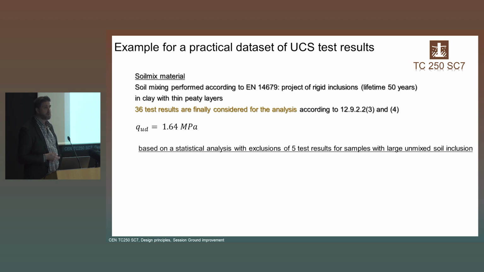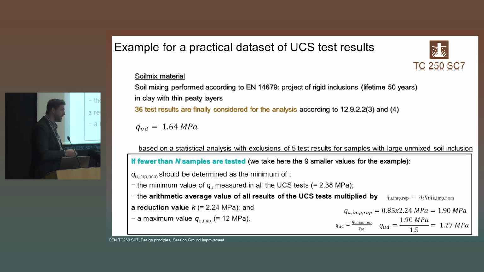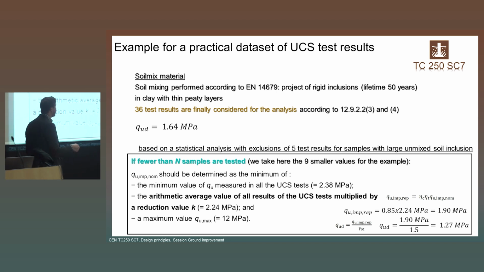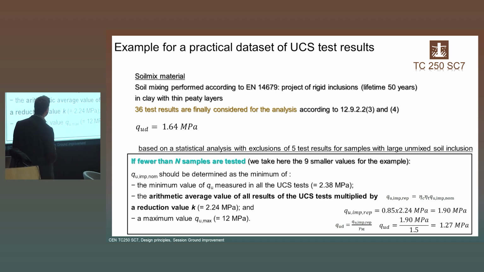But most of the time you are not lucky and you have less than 10 samples, for example. And in this case, for the exercise, I take the 9 smallest values of the data set, and we have to use a nominal value this time, and no more the characteristic value, because we have less than 10 samples.